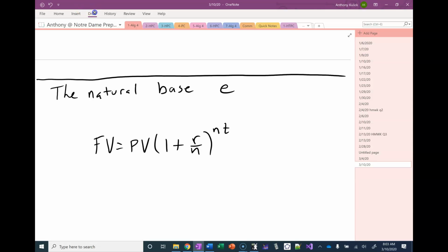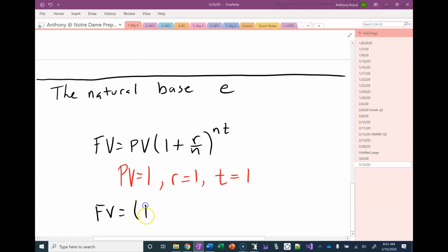And we're going to make a couple of assumptions to simplify things a little bit. So we're just going to take everything other than n and just set it equal to 1.